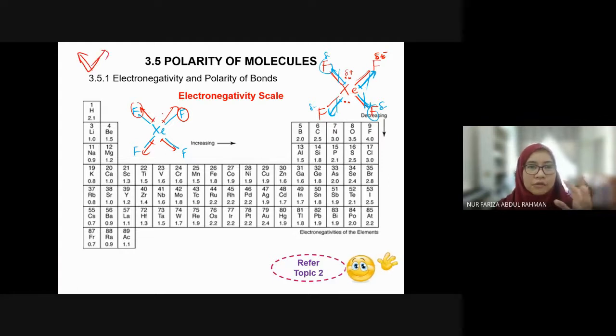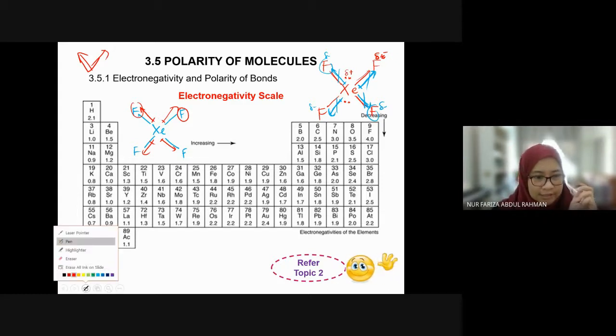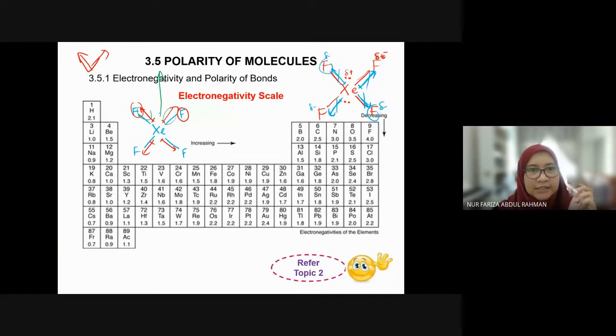So, dia ke sini dengan ke sini. Can you predict the direction of the combined vector? So, it should be tukar color hijau. So this one kalau kita combine, dia akan dapat ke sini, tegak ke atas. Betul tak? And this one, if we combine these two, kita akan dapat ke bawah. Nampak tak? At the end of the day, you still dapat straight line and these two can be cancelled out. Therefore, it is non-polar.